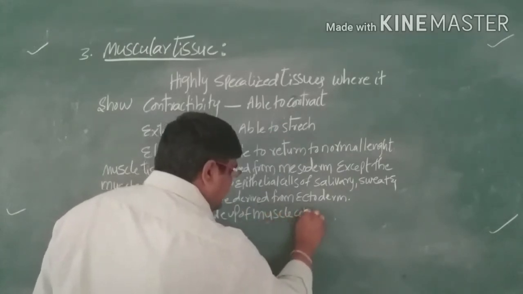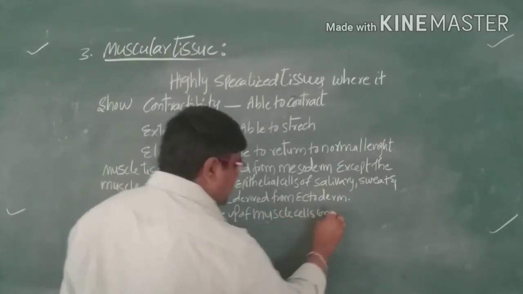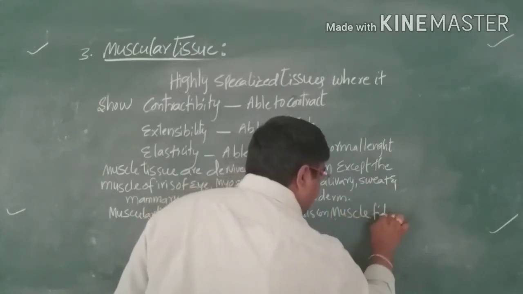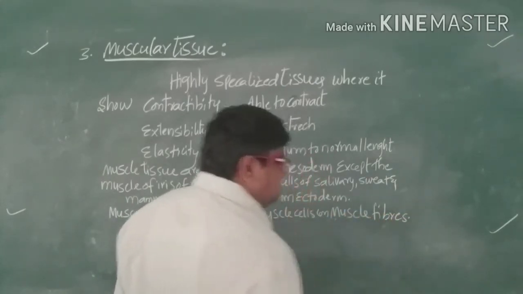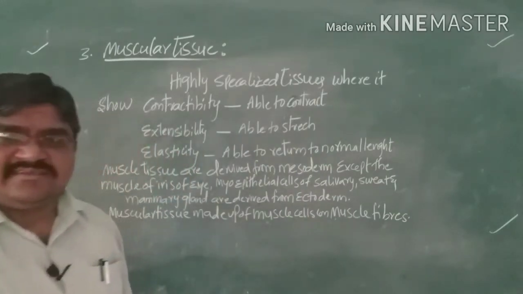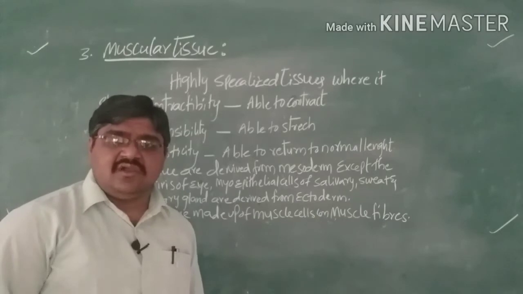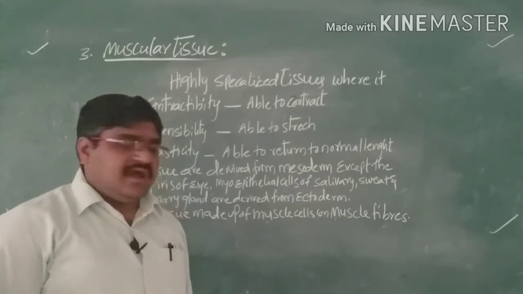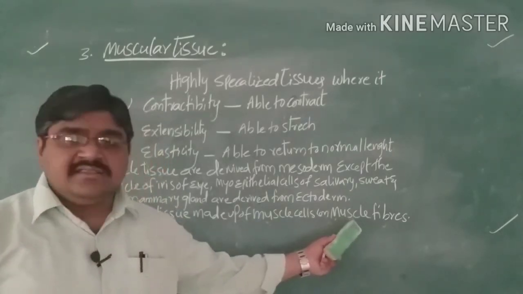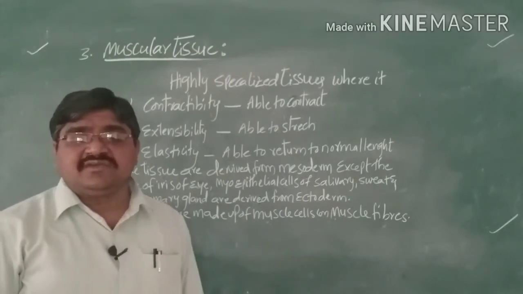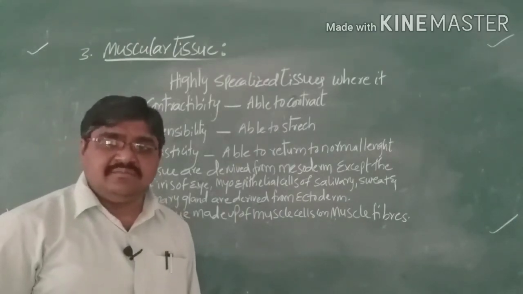Muscle cells are called muscle fibers. That means the muscle tissues consist of cells, and the cells present in muscle tissues are called muscle cells, or muscle fibers.